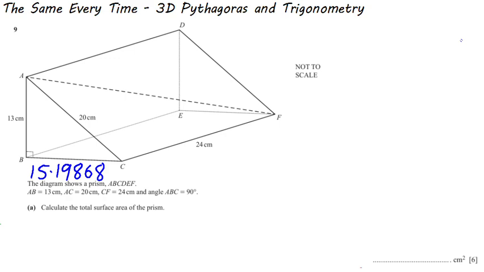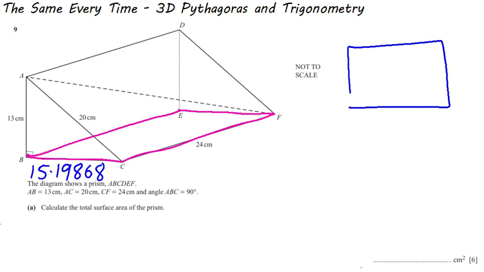Now that I've considered the front and the back, every other face will be a rectangle. It doesn't matter which order we do them, so let's think about the base. In the picture it does not look like a rectangle because it is a 3D shape drawn onto a 2D surface, but the base of this shape is a rectangle.